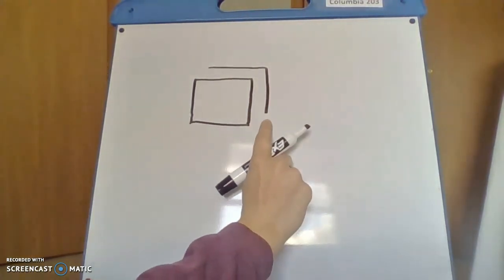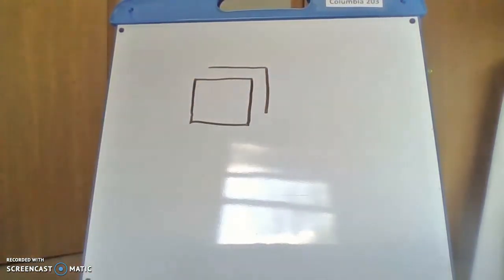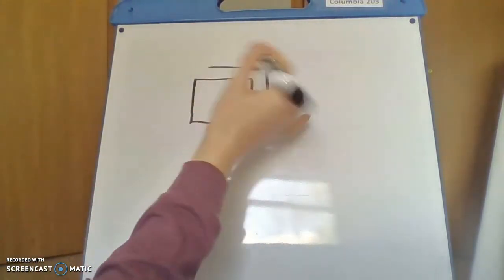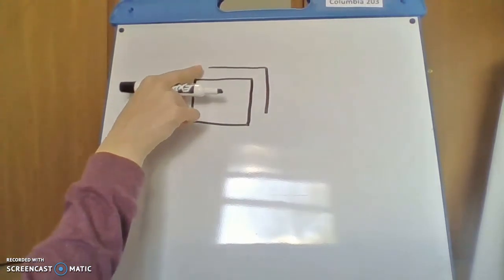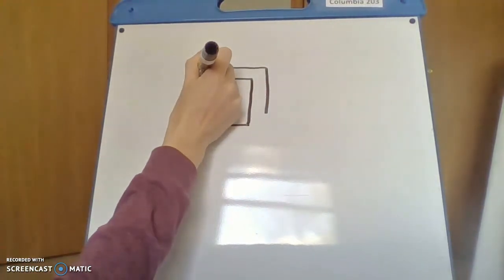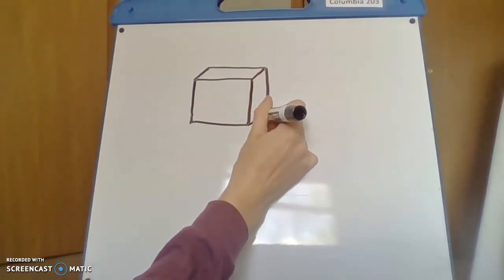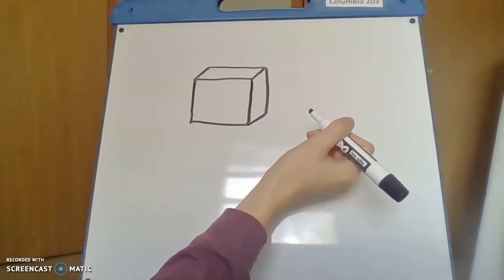Notice how I didn't come all the way down or go all the way over, just a right angle. And then you take your pencil, or in this case my marker, and you connect this angle to your line. And go straight back. Like at a diagonal, kind of. And that will be your cube.